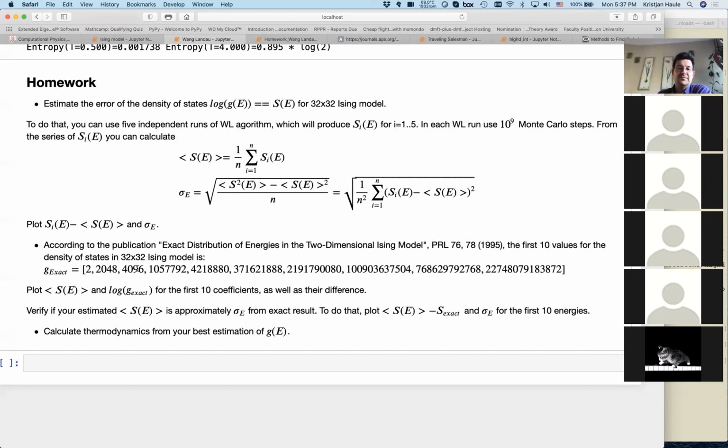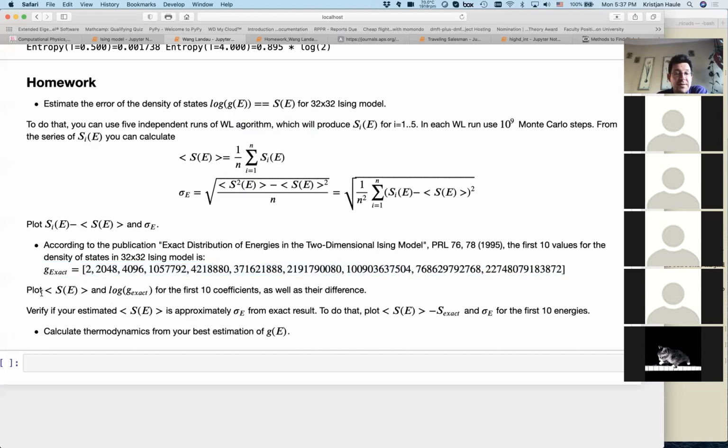Well, I Googled a little bit, and of course I found a paper from 1995, which I showed last time, that calculated the exact density of states for the 32 by 32 Ising model. And in the publication, they printed the first 10 values of the density of states, the first 10 integers, and these are the numbers.